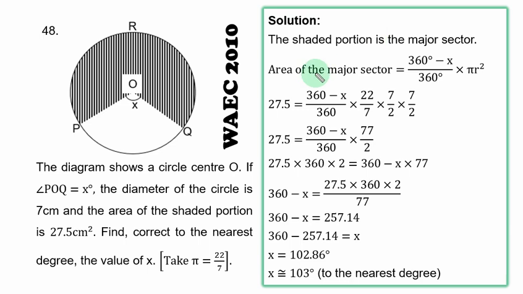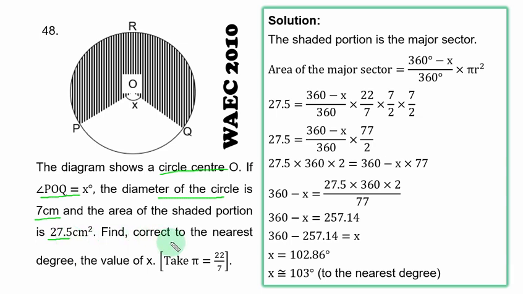Example 48. The diagram shows a circle with center O. If angle POQ is equal to S degrees, the diameter of the circle is 7 cm and the area of the shaded portion is 27.5 square centimeters.